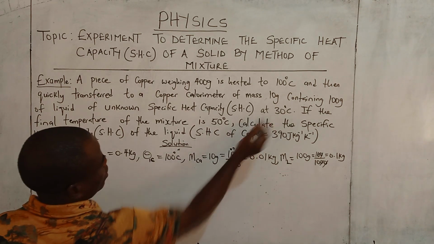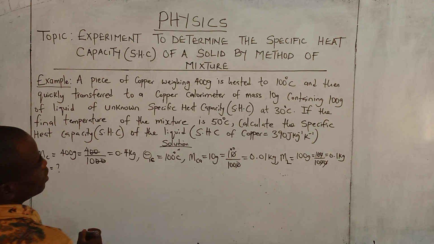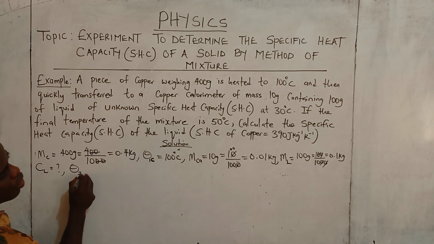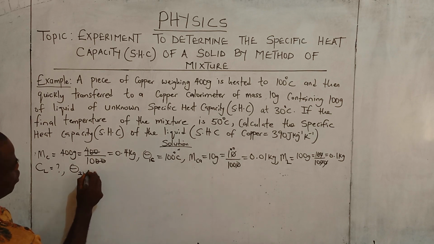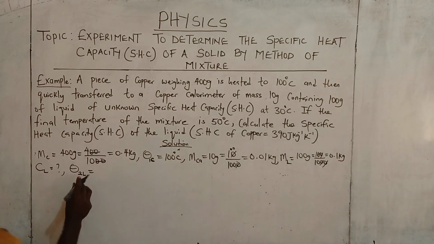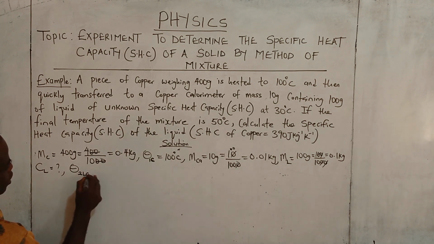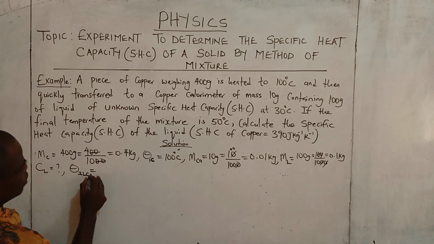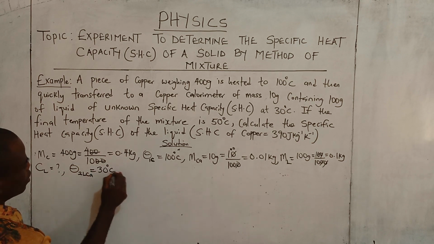The liquid in the copper calorimeter is at 30 degrees centigrade, let's call it theta 2, for the liquid and the calorimeter.